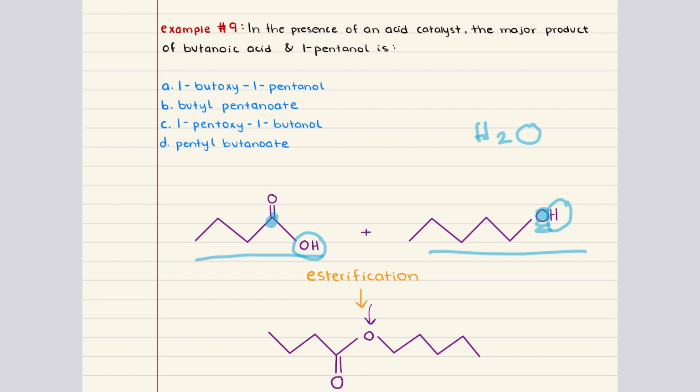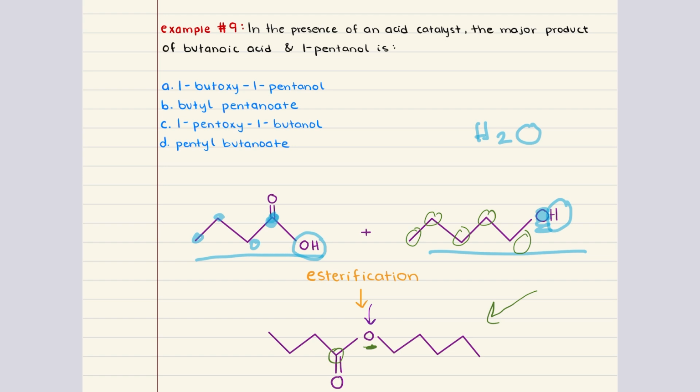Now, looking at these structures, butanoic acid has 4 carbons in its chain, and 1-pentanol has 5 carbons in its chain. When we form the ester, the oxygen atom from the alcohol is going to remain attached to the pentyl group, while the carbonyl carbon remains part of the butanoic acid chain.